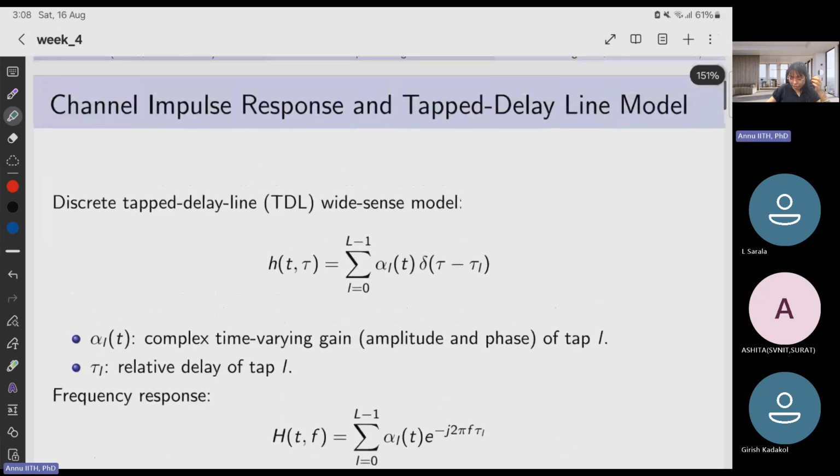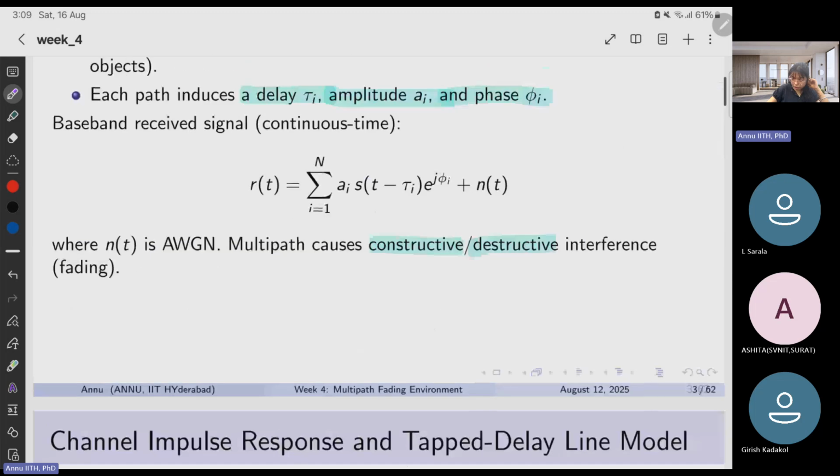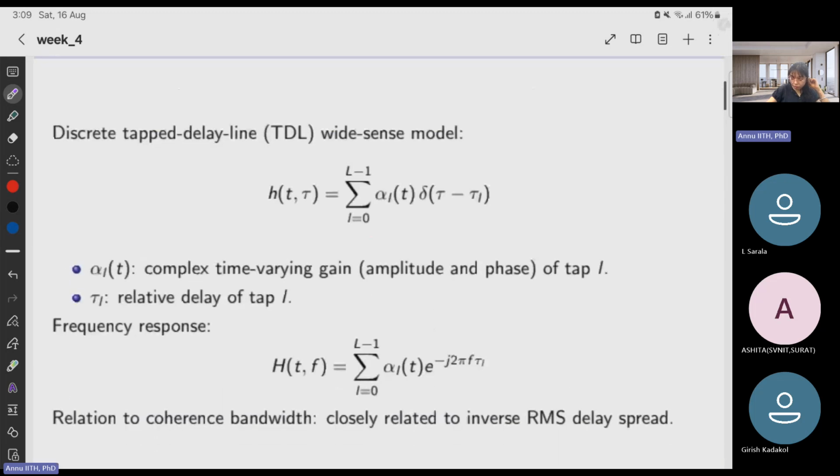Channel impulse response and the tap delay line model. In the 3GPP standard, we have different channel impulse responses. The discrete tap delay line model is h(t, tau), which is also a function of tau because it is a delay, equals summation over the different channel paths. So there is L1, L2, L3, the different lines.